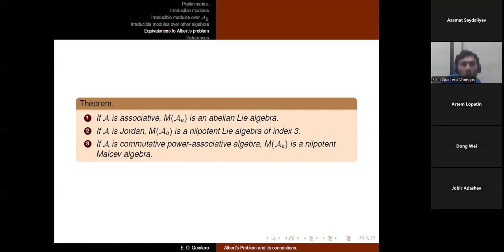So we are exploring the connection between the commutative power-associative algebras with Maltsev algebras or any other class of algebras to explore the Albert problem in other contexts.